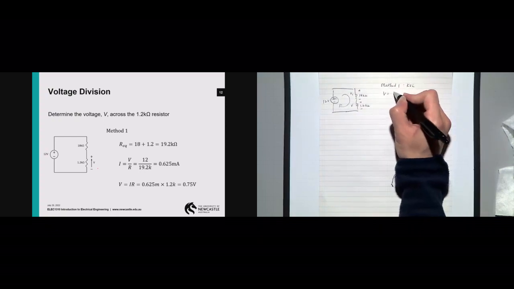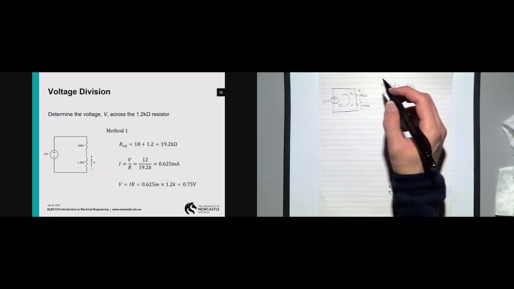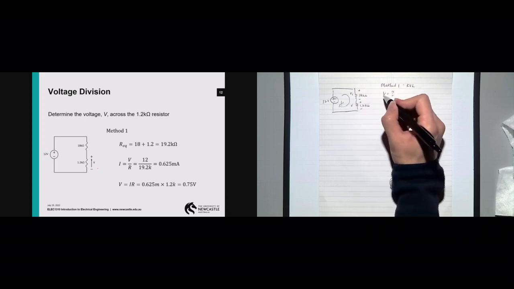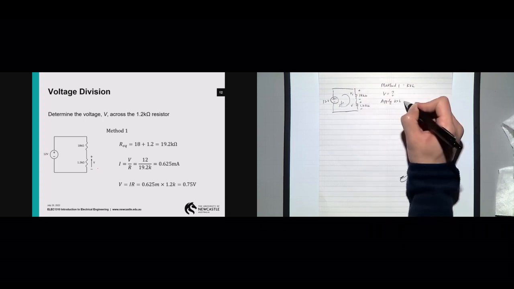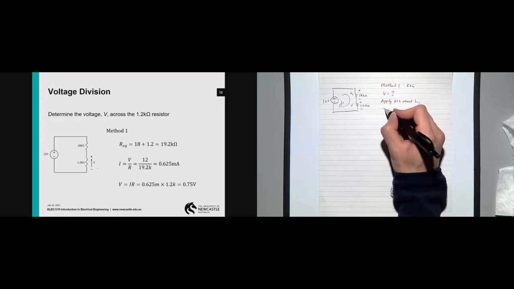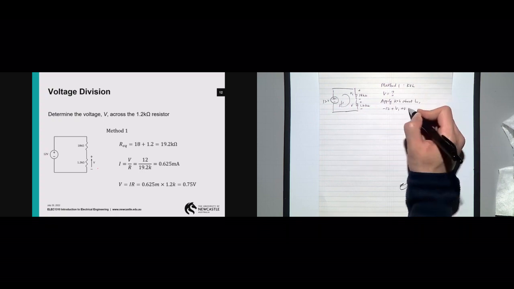So what is V? Applying KVL, across loop 1 I have negative 12 plus V1 plus V equals to 0.